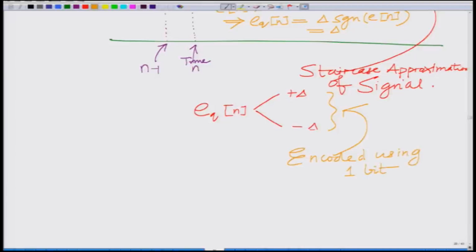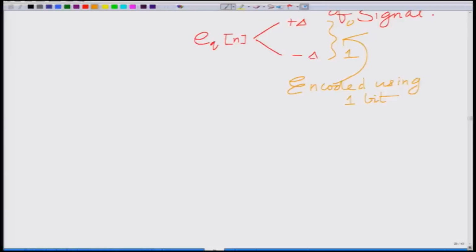Plus delta corresponds to 0 and minus delta corresponds to information bit 1. Corresponding to a difference sequence such as delta, minus delta, minus delta, delta, minus delta, we can have an encoded bit sequence such as 0 0 1 1 0 1 and so on.